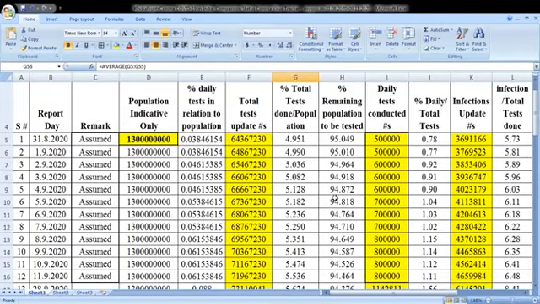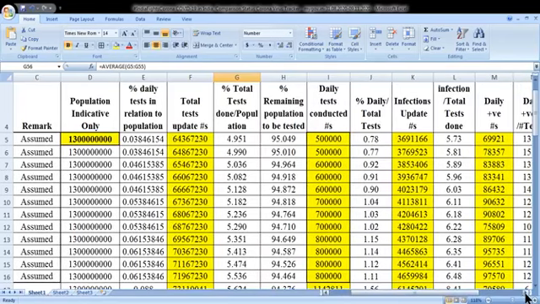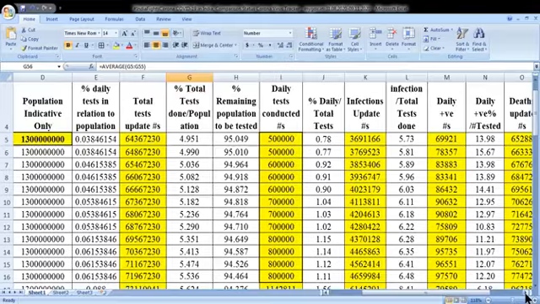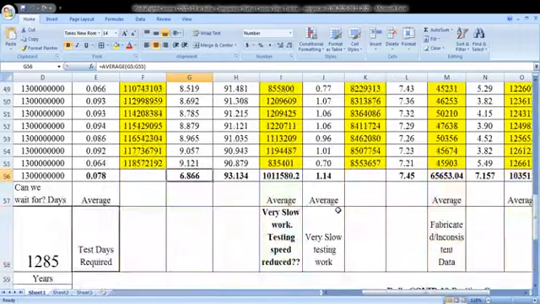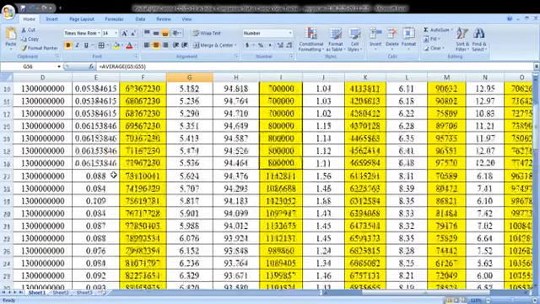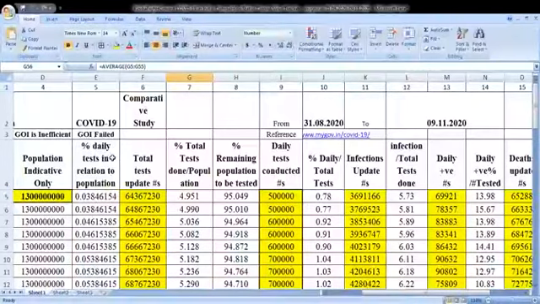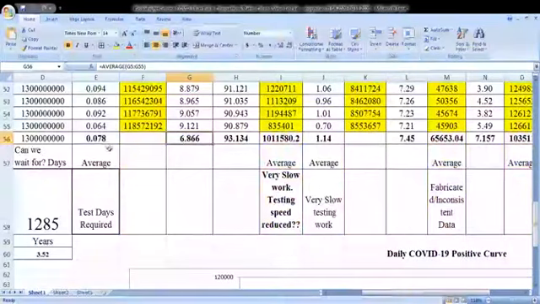The question arises that here it says percentage daily tests in relation to population, that is that one, and that's the average.